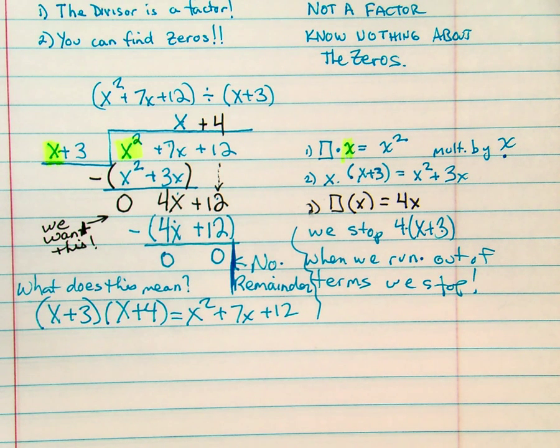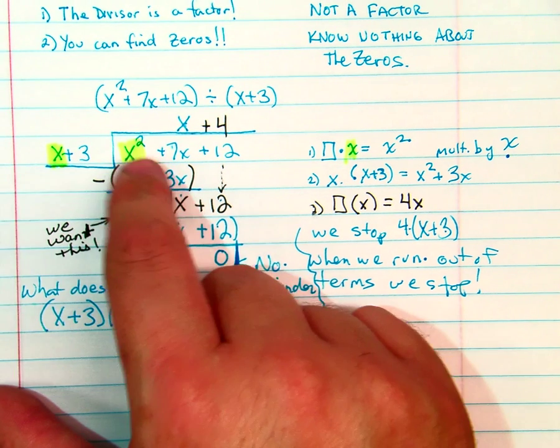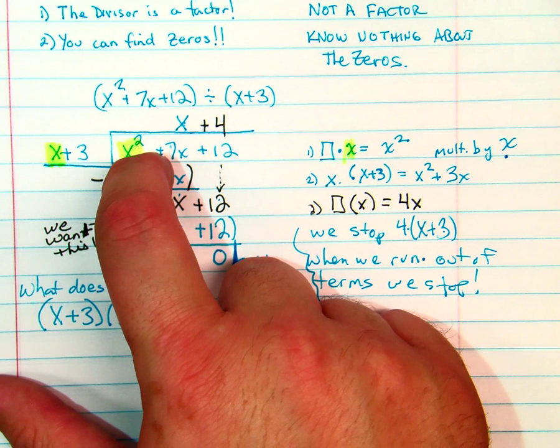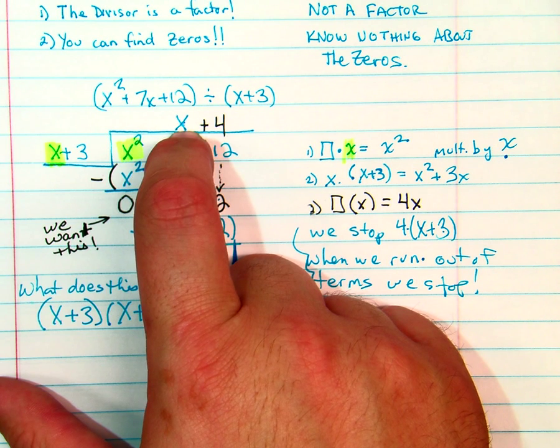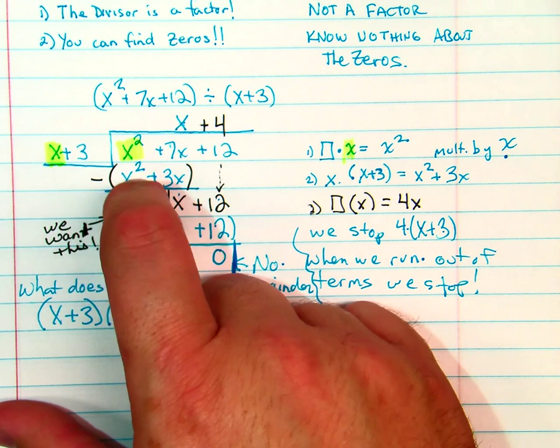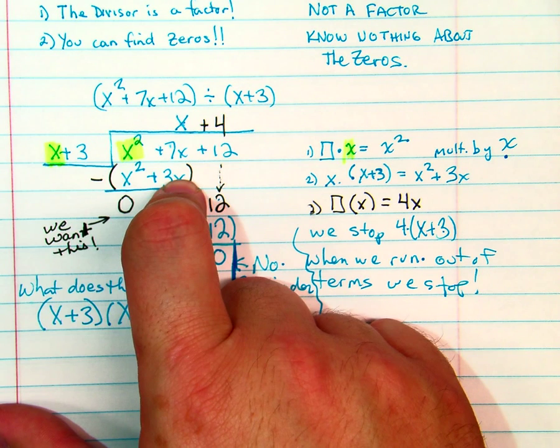Yes, sir. Well, to turn that x into an x squared, I had to multiply it by an x. So that's represented by here. And so x times x is x squared. X times 3 is positive 3x. So I subtract it. And I got 4x. And then you've got to bring down the 12.